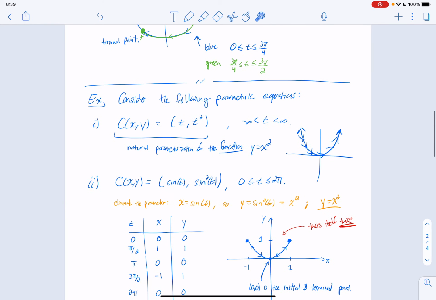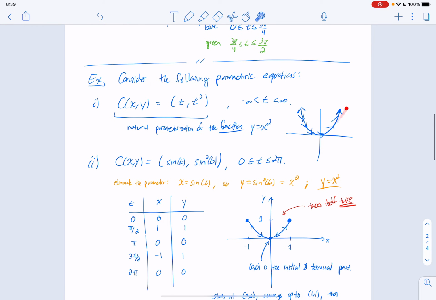And if I take the same picture, but I change the parametric equations just slightly, so that each of these have the exact same Cartesian equation, y equals x squared, I also get completely different parametric curves out of it. So there's a lot of subtleties running around in the background here.